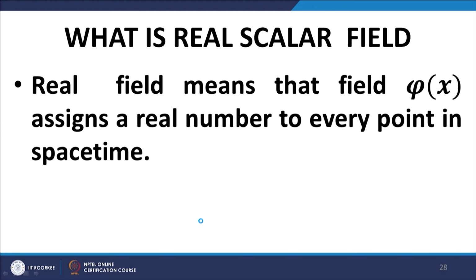The word real means that the field phi x assigns a real number to every point in space time. The given field phi x assigns a real number as opposed to a complex number to every point in space time.